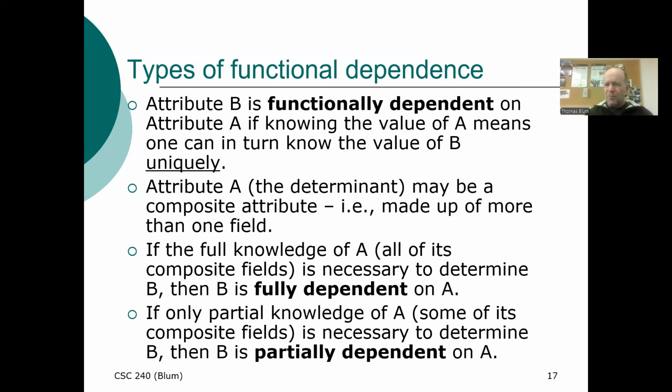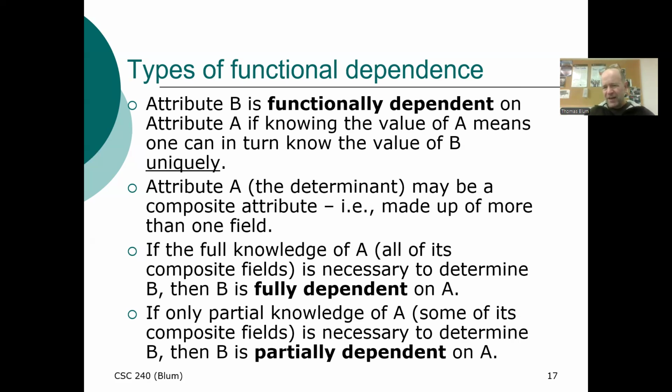So we're imagining A to be a primary key. A primary key is going to be determinant of everything else in the record. But now we look at a given field that the primary key is determinant of, and we can ask whether it depends on the full A with all its parts, or whether it's partially dependent, whether it only depends on part of A. And again, assuming that A is composite.